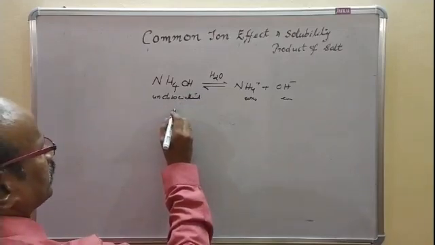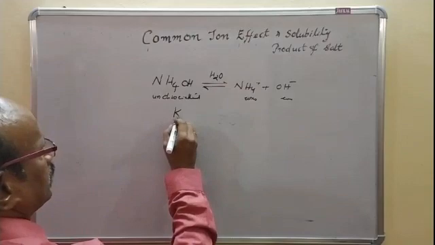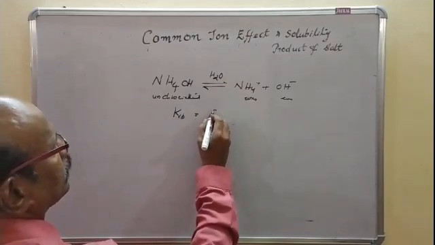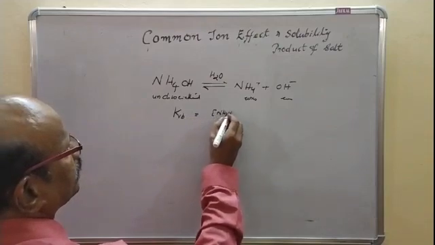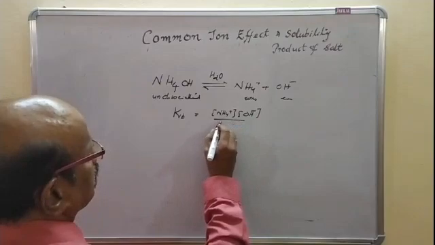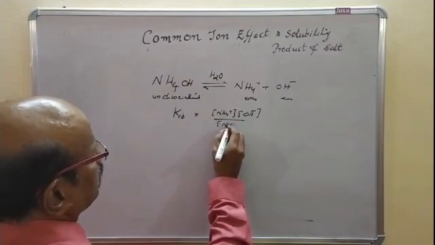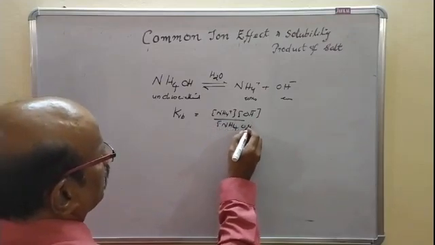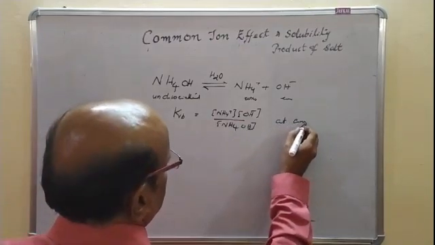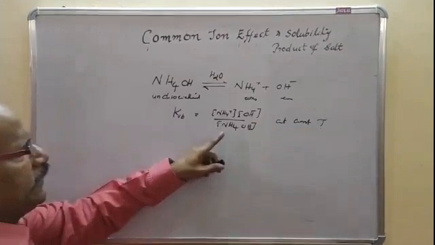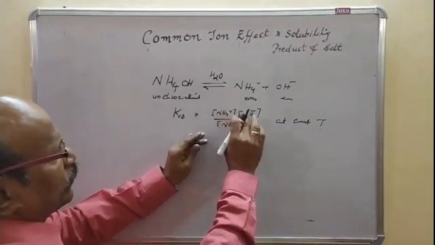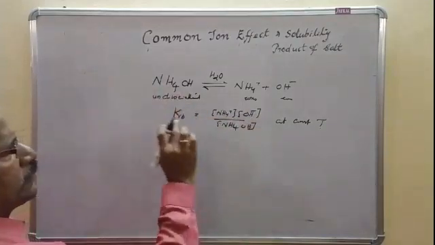The equilibrium constant is called Kb, which is equal to the concentration of ammonium times the concentration of OH minus divided by the concentration of undissociated ammonium hydroxide. It's a constant at constant temperature, with a definite value at a particular temperature.